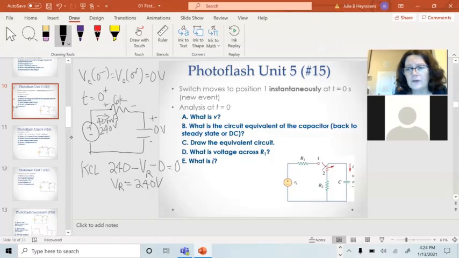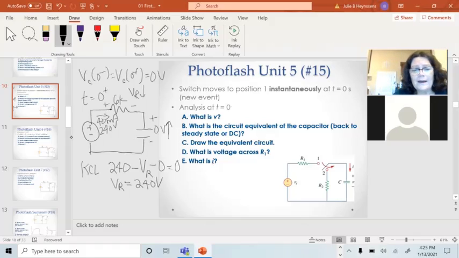So I've had a sudden change in current. Initially, there was no current trying to go through the capacitor. Now there is. That current is going to charge up that capacitor. And as it charges up the capacitor, this voltage is going to increase. And when this voltage increases, the voltage across the resistor is going to have to decrease because the sum of the two is always going to have to be 240 volts.